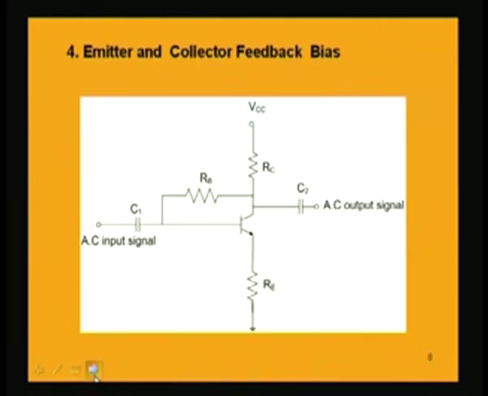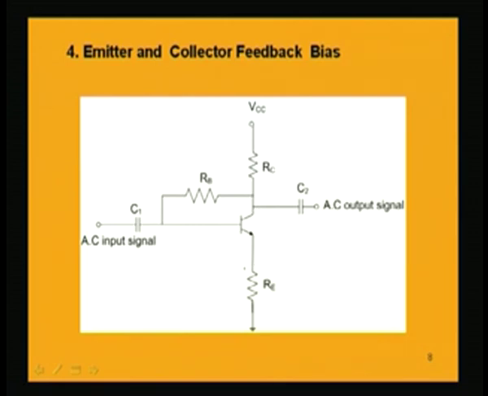This collector feedback bias can be combined with the emitter bias which we discussed earlier, to give a biasing scheme which is the emitter and collector feedback bias scheme. Here a collector feedback resistance is there, which is RB, the collector to base resistance, and the emitter also has a resistance.